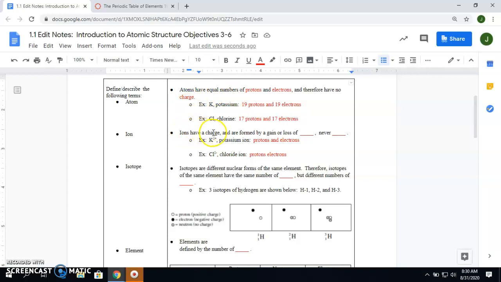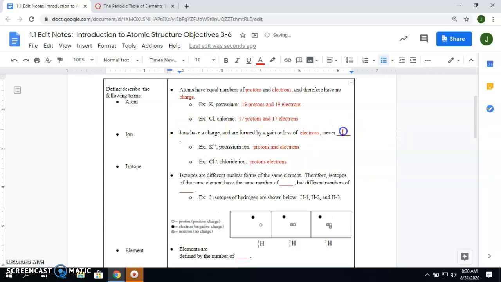Ions, in contrast, have a charge, and the way that ions are formed is by a gain or loss of electrons, never protons. So they're going to gain or lose the negatively charged particle, the electron, never the positively charged particle, the proton. If you take a look here, we've got the same example of potassium, only now it's got this charge.